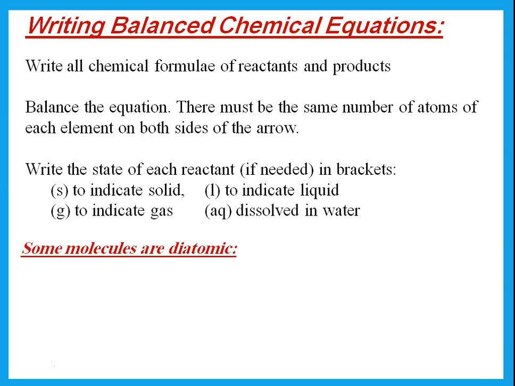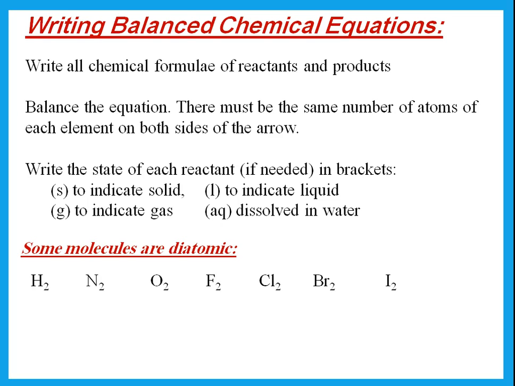Now, in order to write chemical formula, you have to realize that some molecules are diatomic. Diatomic means if they're standing on their own, they need a 2 under it. So if I say something plus hydrogen, I can't just write H. It has to be H2. If I say something plus nitrogen, nitrogen is N2, oxygen is O2, and then all the halogens, fluorine, chlorine, bromine, iodine, are all diatomic.